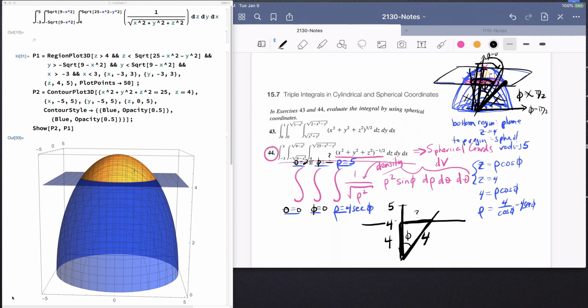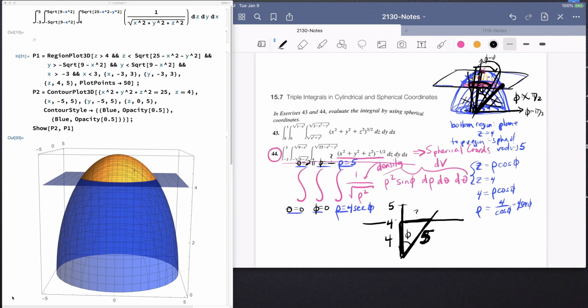So now we have two sides of a triangle and we have an angle phi. We have a 4, we have a 5, and we have the angle phi. Here's our right angle. So this is the hypotenuse, and this is one leg of the triangle.